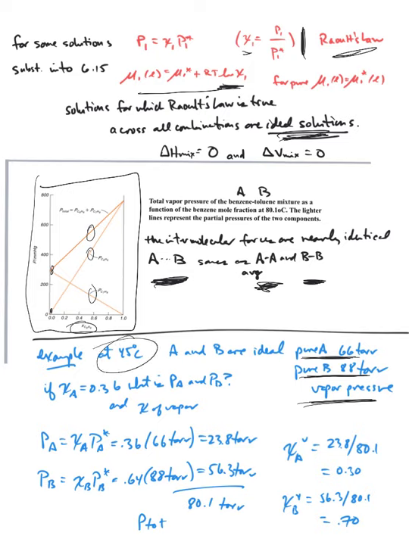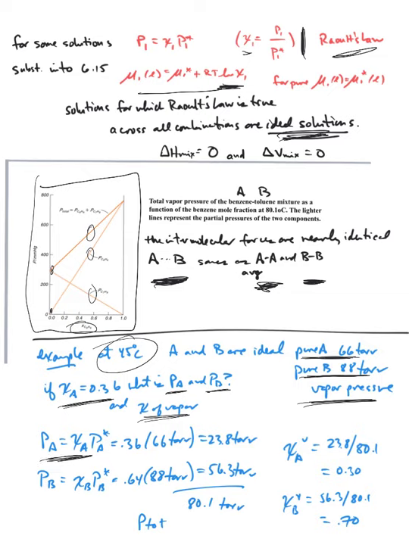Now what if you make a mixture of these two liquids with a mole fraction of 0.36 in component A? What's the partial pressure of each component in the mixture, and what's the mole fraction in the vapor? So you're going to use Raoult's law and the definition of partial pressure to figure this out.